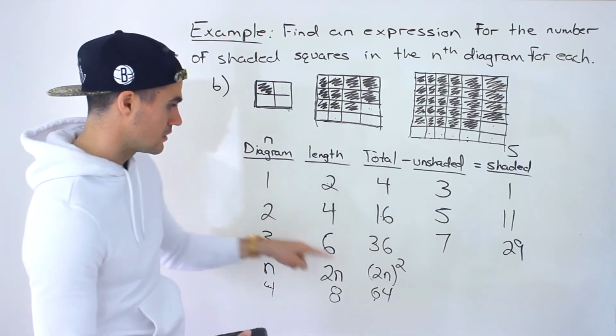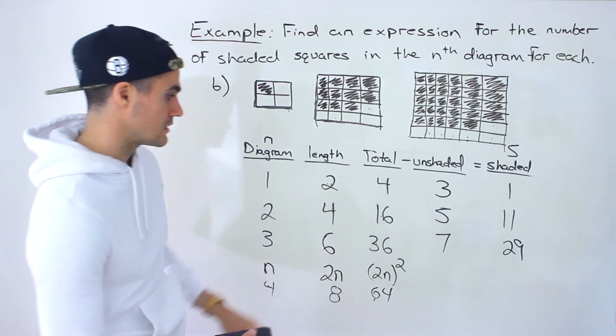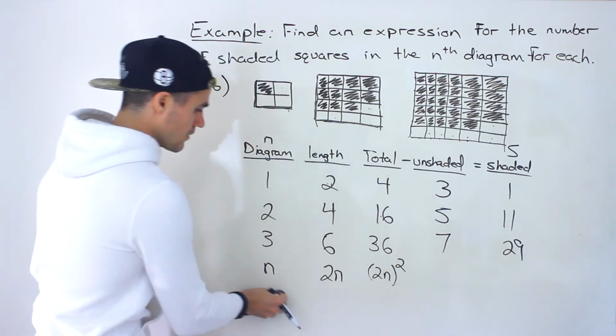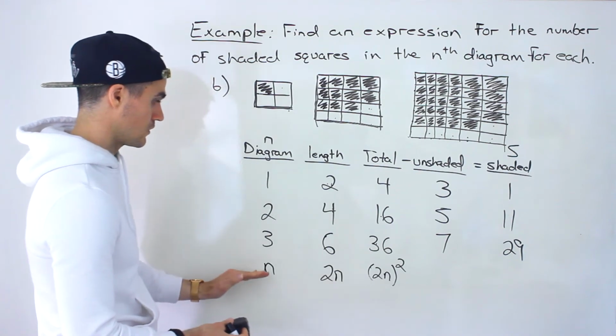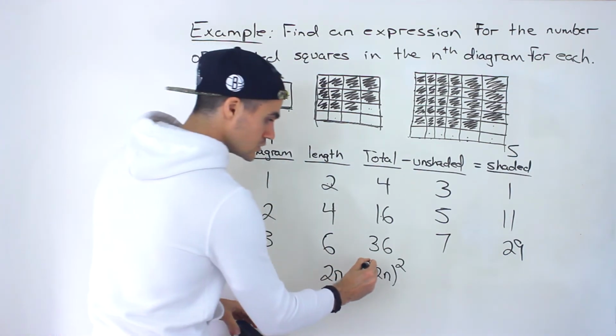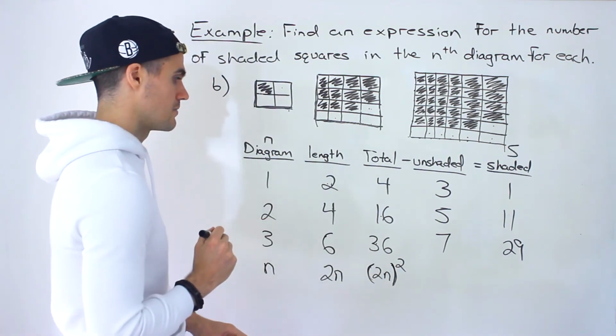So check the expressions that you're getting with the values in the column that are already there. All right, this is what it is for the total. For the nth diagram, the total number of squares, or the area, is going to be 2n in brackets to the power of 2, like that.